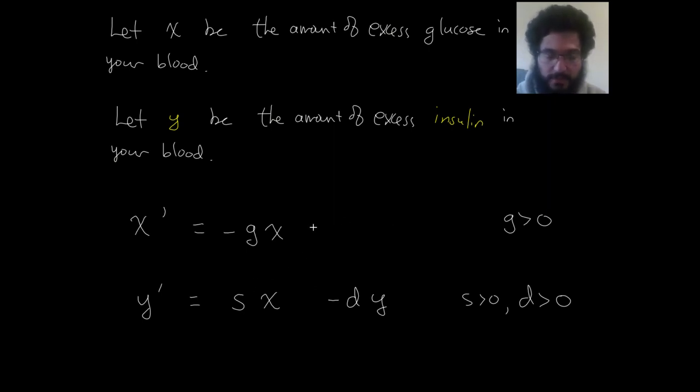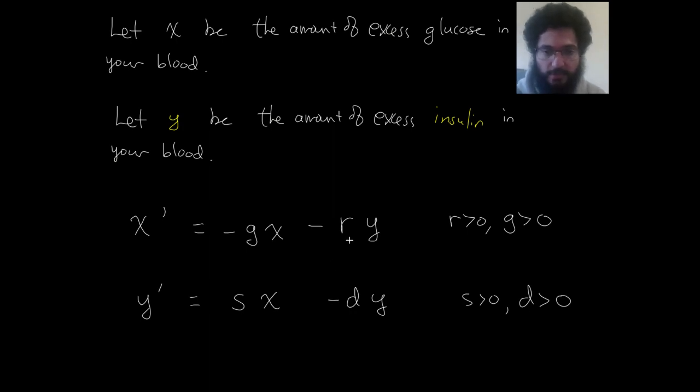So here, the rate of decrease of x, the excess glucose, should be proportional to the amount of y. So I will put negative constant times y here. And for the constant, we'll use r. Here we're assuming r is greater than 0.